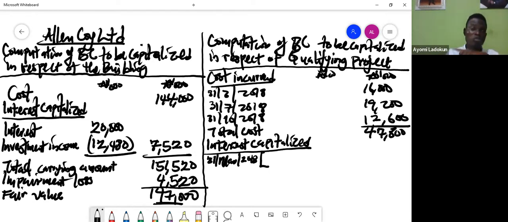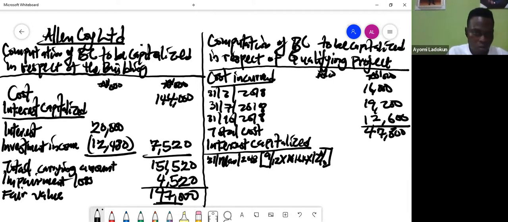March to December should be 10 months, but because it says 31st March, which is also like 1st April, that is 9 months. So I'll say 9 over 12 multiplied by the cost, which is 16K, then multiplied by 12%. Do you see that? So I'm going to get a figure.